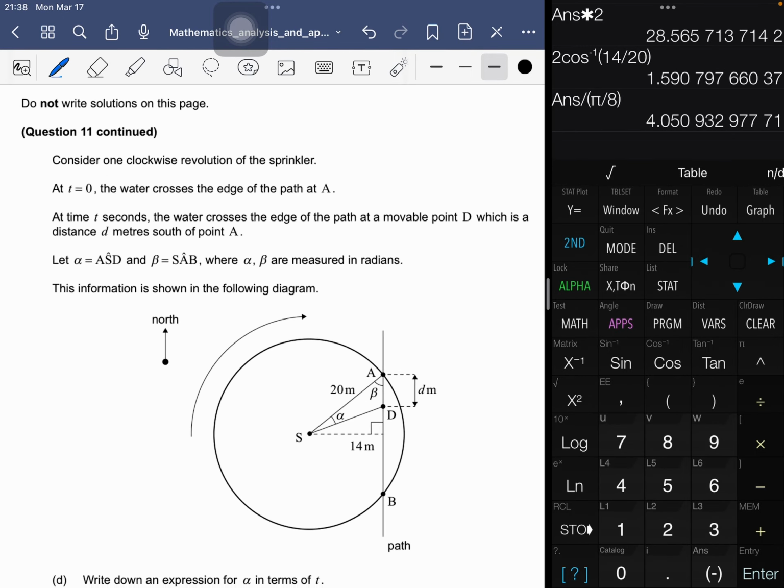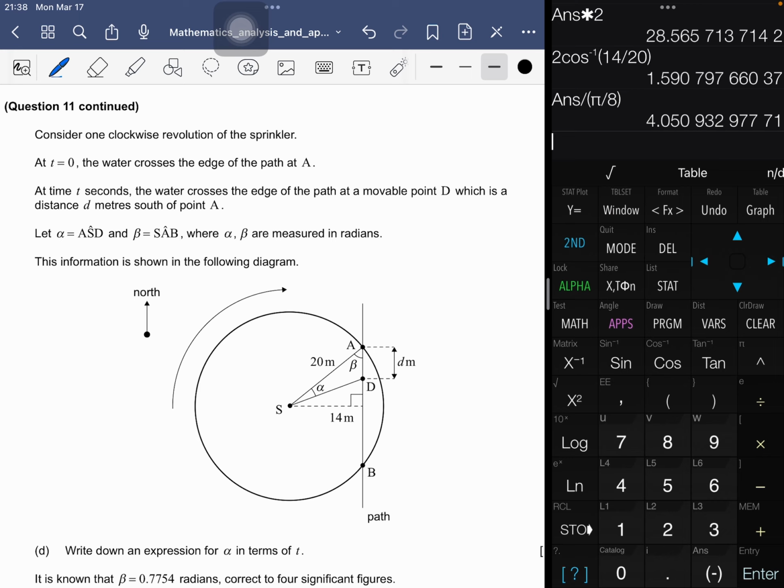Question 11 continued. Consider one clockwise revolution of the sprinkler. Let time t equal 0 when water crosses the edge of the path at A. So when t equals 0, the sprinkler is over here.